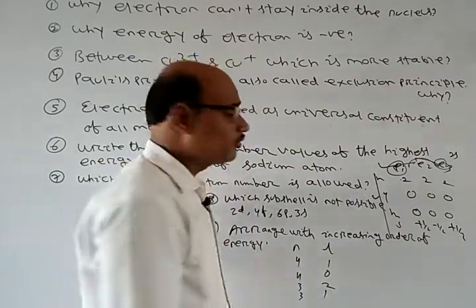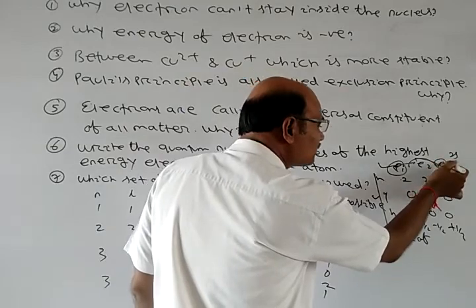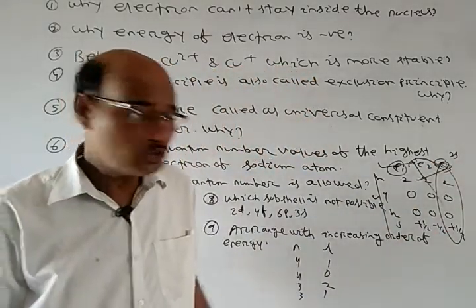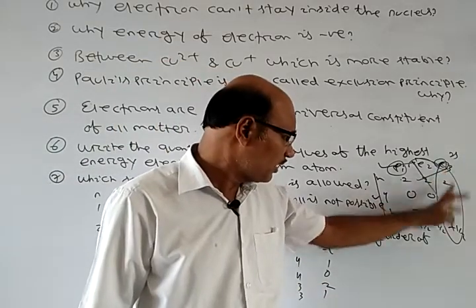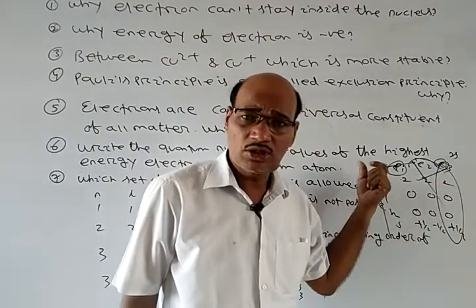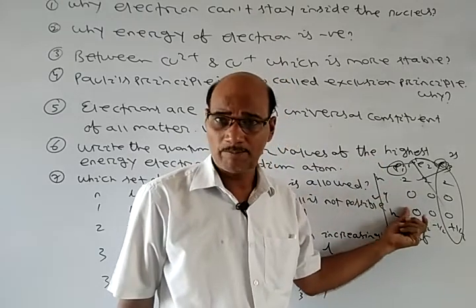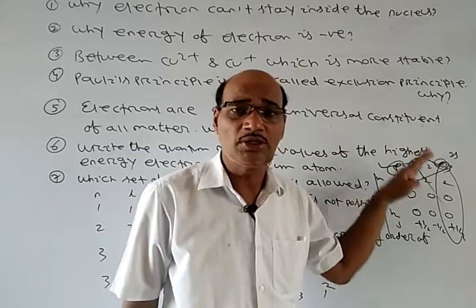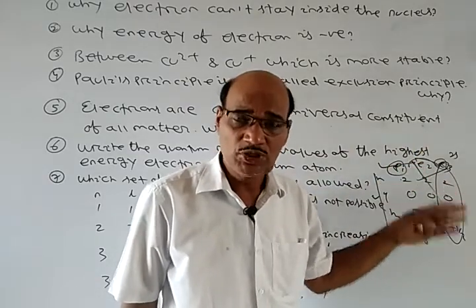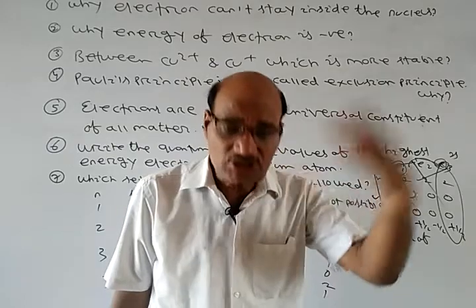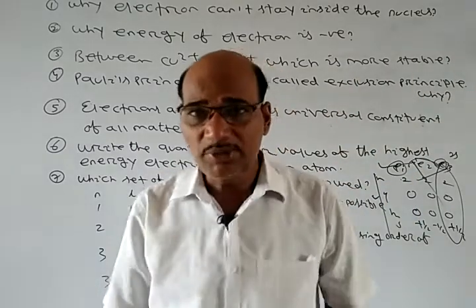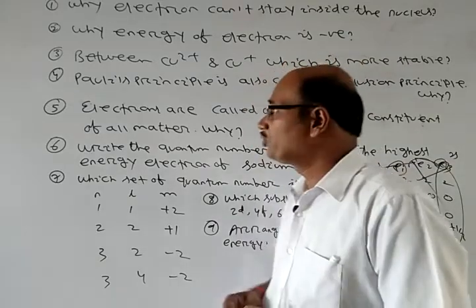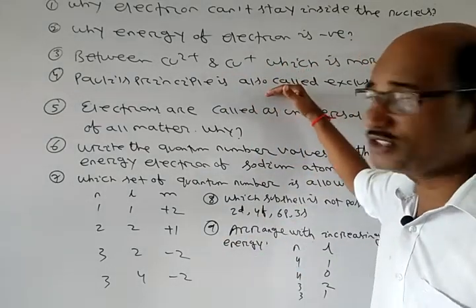That means 3 electrons cannot be present in an orbital, because if I put in another one, two electrons' quantum number values become identical. So more than 2 electrons in an orbital is not possible. Pauli's principle excludes the possibility of accumulation of more than 2 electrons in an orbital, hence it is called Pauli's exclusion principle.